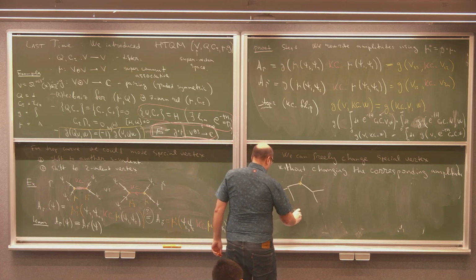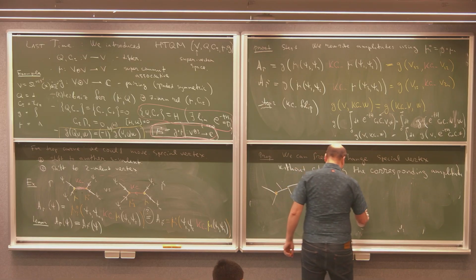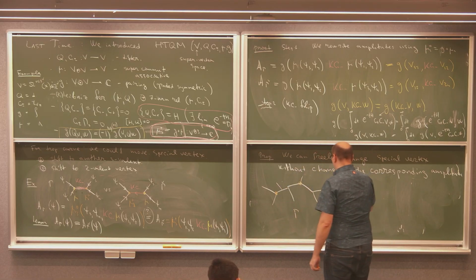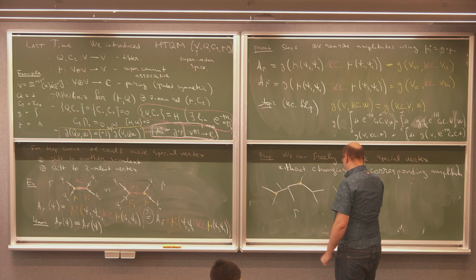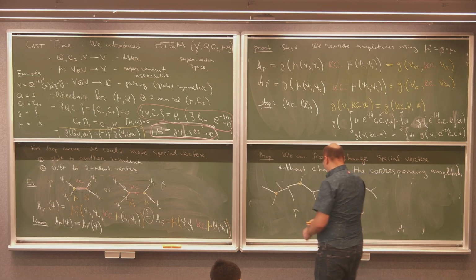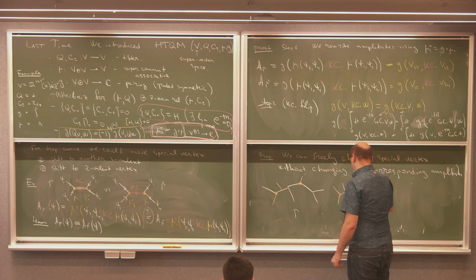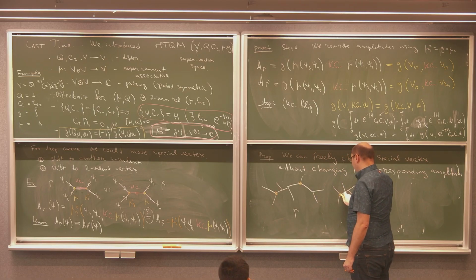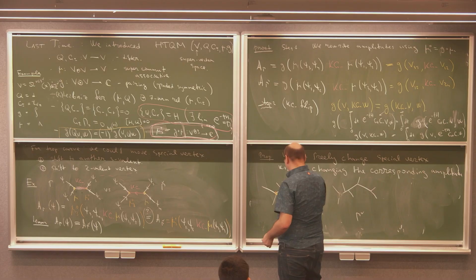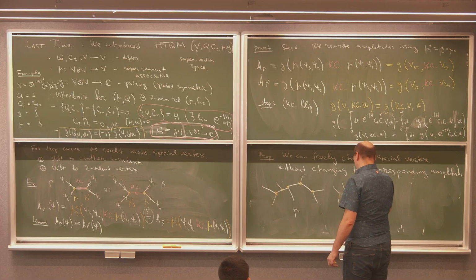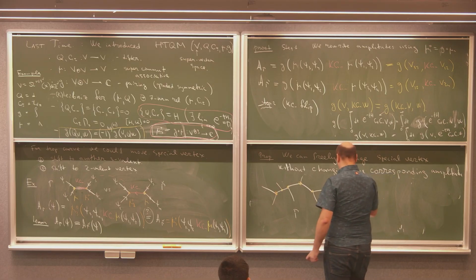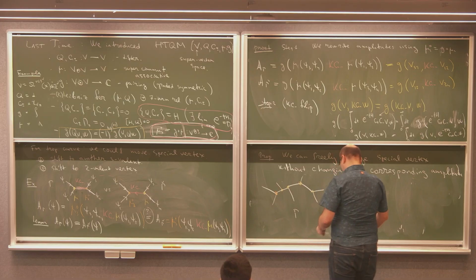And let's say gamma check, where we draw the same tree, but now it is decorated or colored in a different way. So let's say we choose orange, and we want to put the orange vertex here, and all other vertices are yellow vertices.